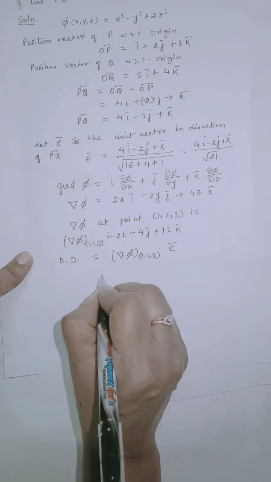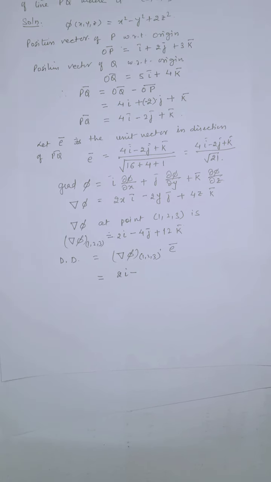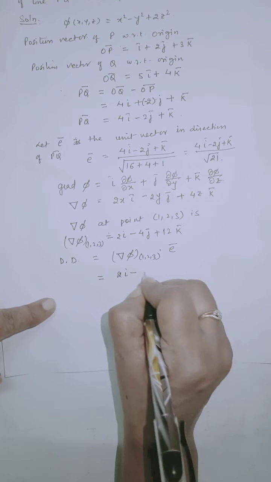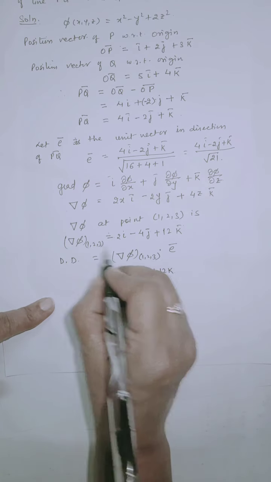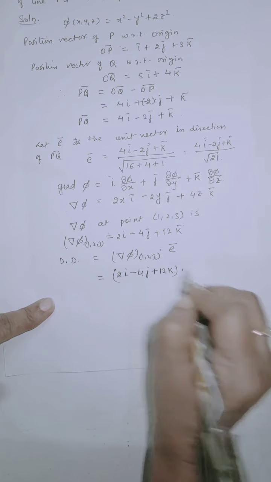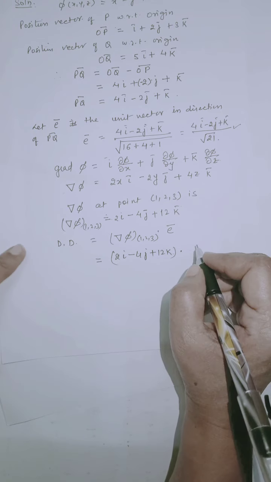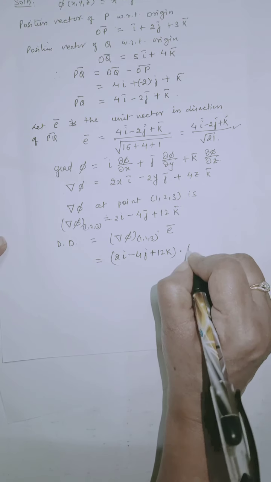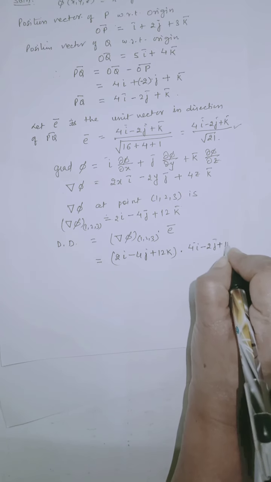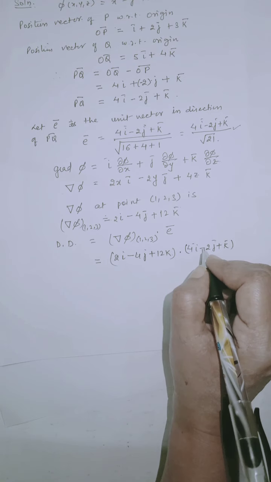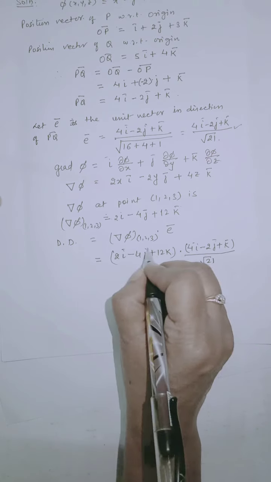Right, now the directional derivative is your grad phi at point (1, 2, 3) dot the unit vector along the given vector. So let's substitute the values: 2i minus 4j plus 12k, this is your grad phi at (1, 2, 3), dot the unit vector you have already calculated, 4i minus 2j plus k by root 21.